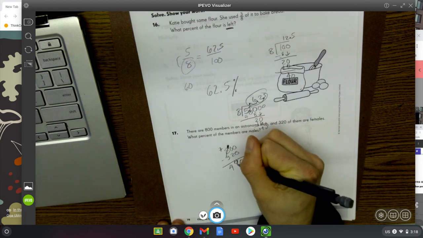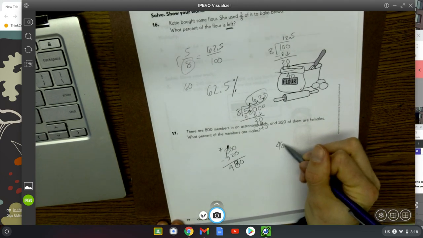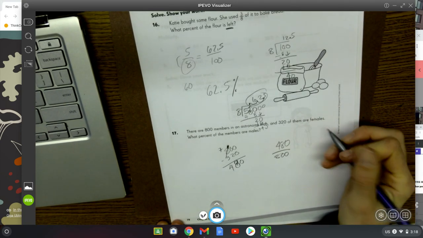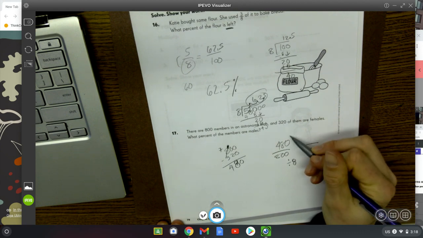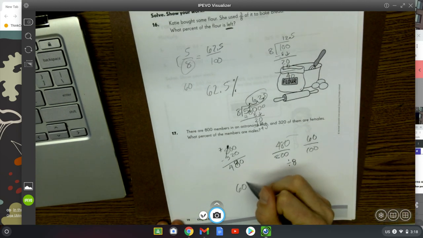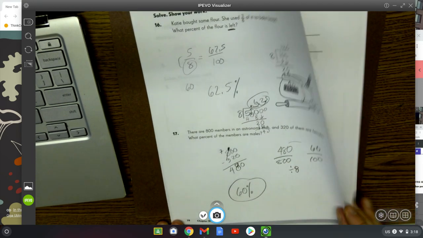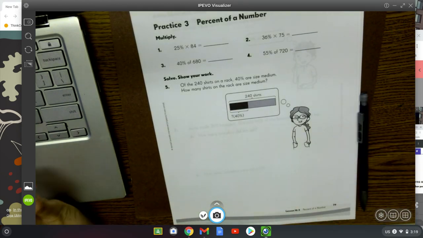No, because this should just be 10, not 9. So 480 out of 800. We want to get it down to over 100, so I'm going to divide by 8. 48 divided by 8 is 6. 60% are males.